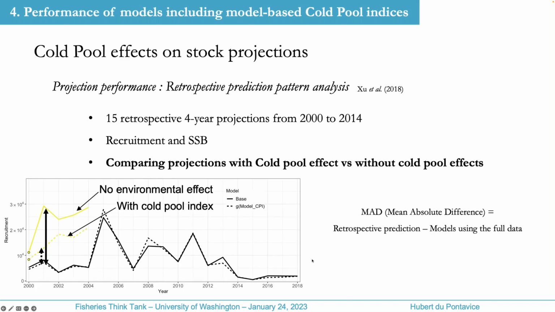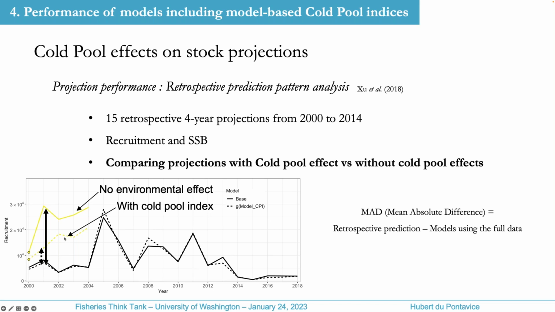For example, here for the recruitment, we produced a first retrospective 4-year projection from 2000 to 2004, and we measured the difference between the projected recruitment in yellow here, and the recruitment when performing the assessment on full data in black.